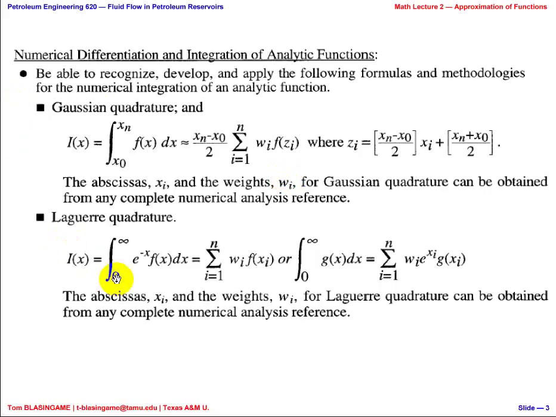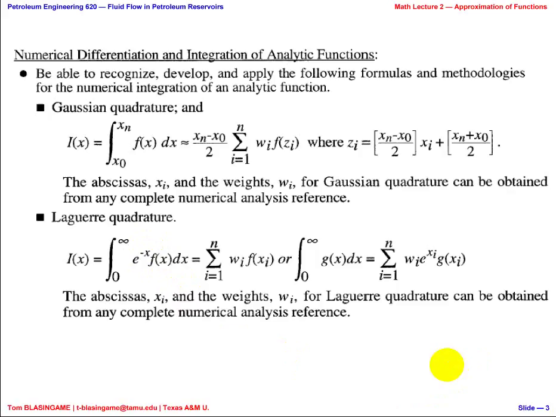Start looking at Laguerre quadrature. The difference here is, yes, it starts at 0, and yes, it ends at infinity, and yes, it has an e to the minus x dampening function multiplied by f of x, which, what does that look like? What does it smell like? The Laplace transform.